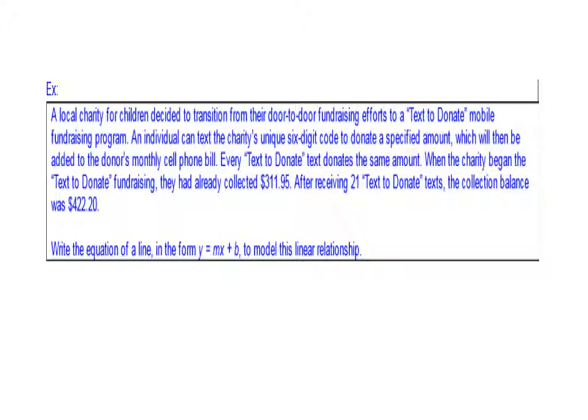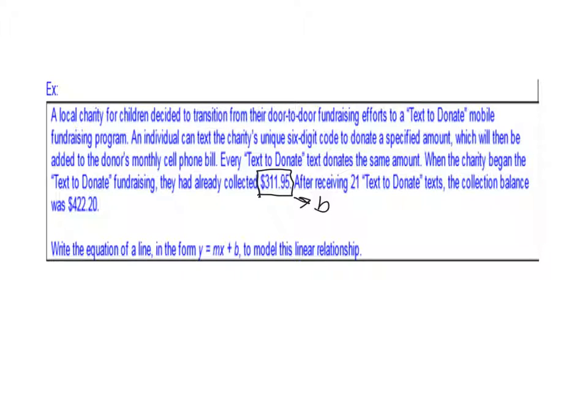Okay, so now let's take a look at what they're giving us in the problem. It's telling us that when they began, they had $311.95. So you want to think about this. You want to think about, will this be y or will this be b? Let's just say it's b, because this is what they had already collected.